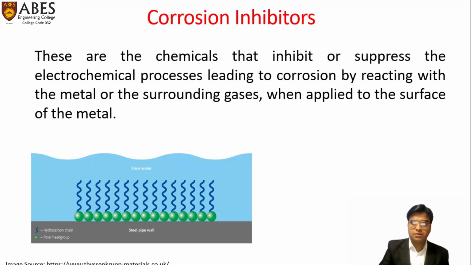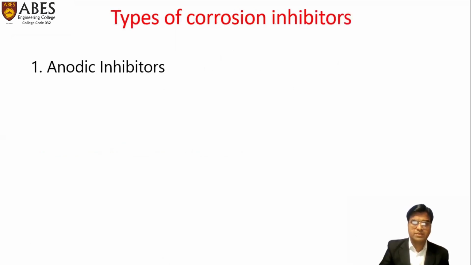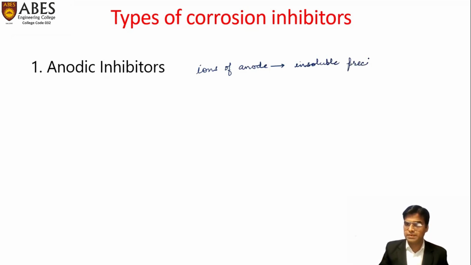These are of three types, and the first type is called the anodic inhibitors. The name itself suggests that these are the inhibitors which react with the ions of anode to produce insoluble precipitates.